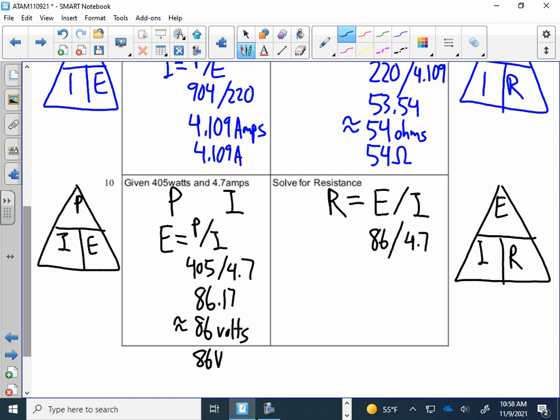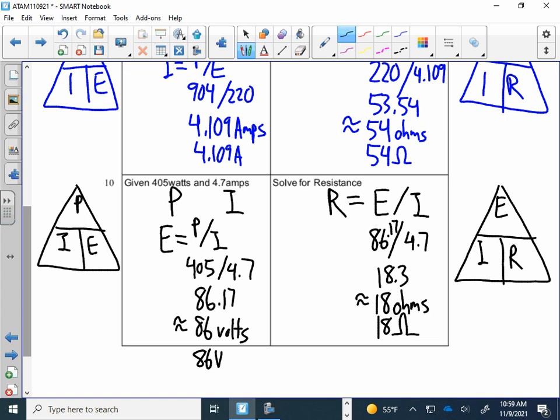If you divide that, you get 18.3. So 18. Resistance measured in ohms. 18 ohms.